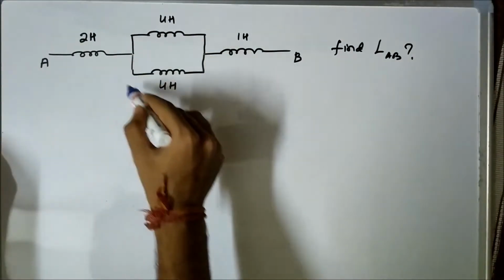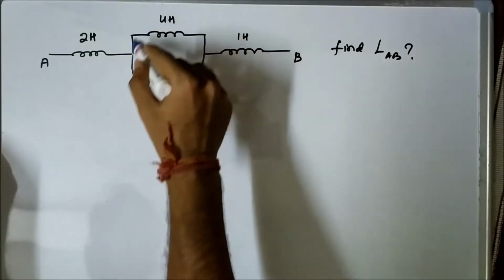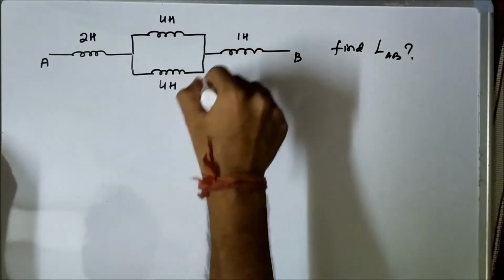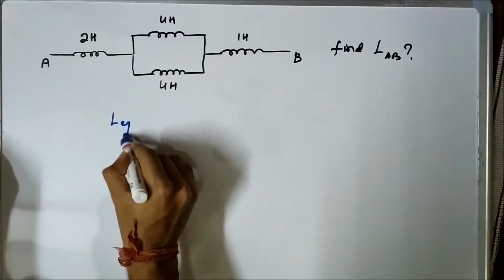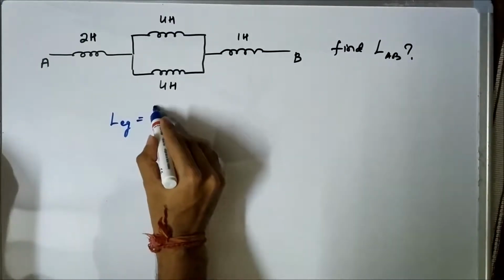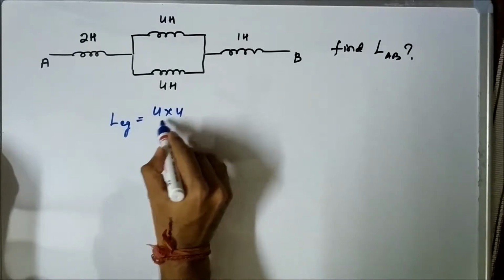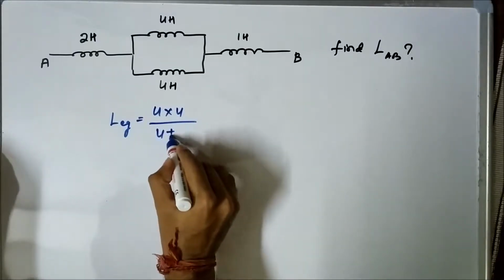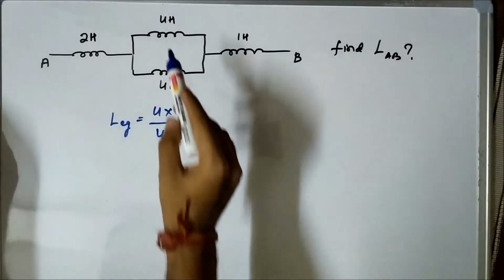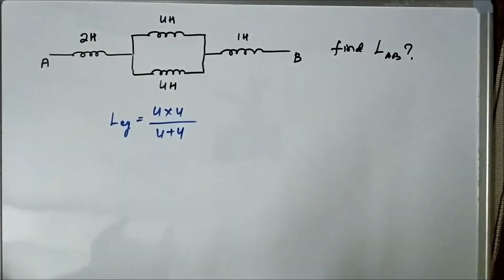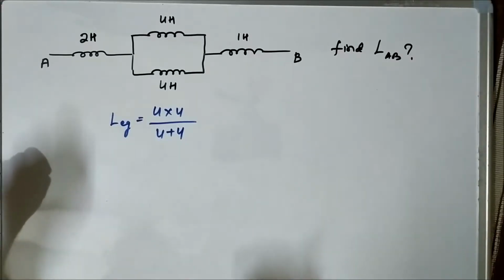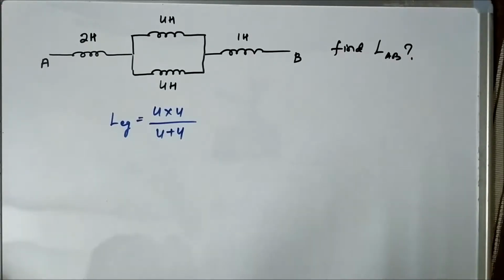So the equivalent inductance of this portion can be written as L equivalent is equal to 4 into 4 by 4 plus 4. Inductors and resistors have the same behavior, they have the same formula when it comes to equivalent resistance.